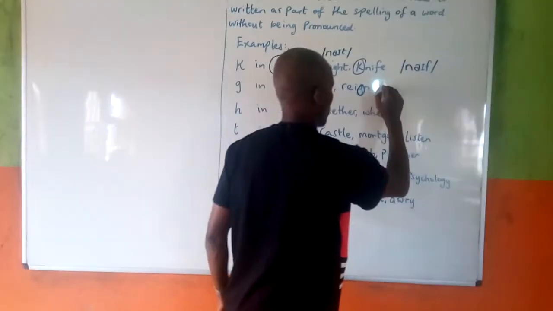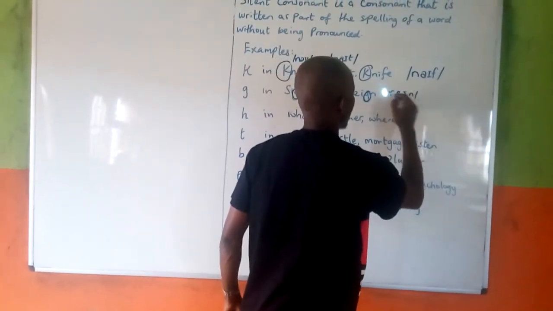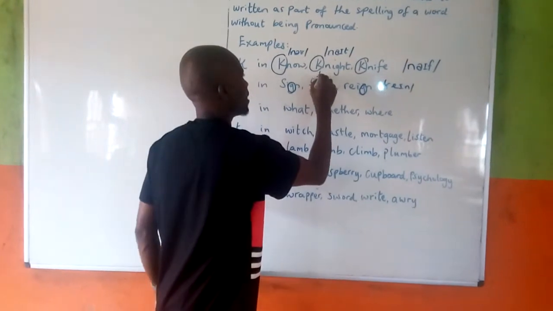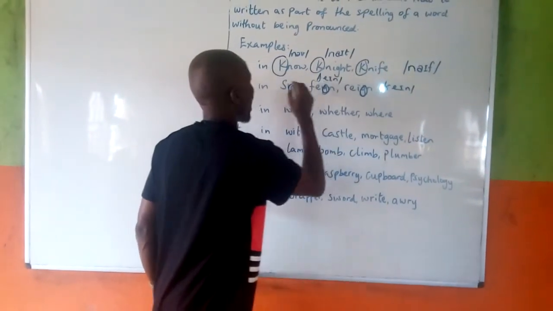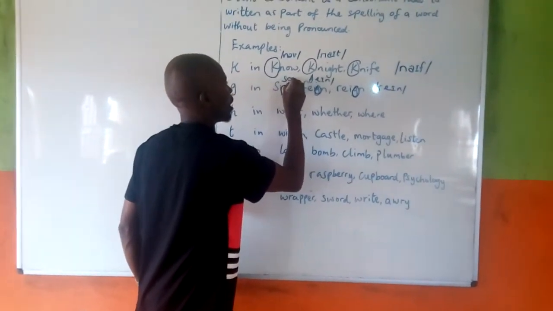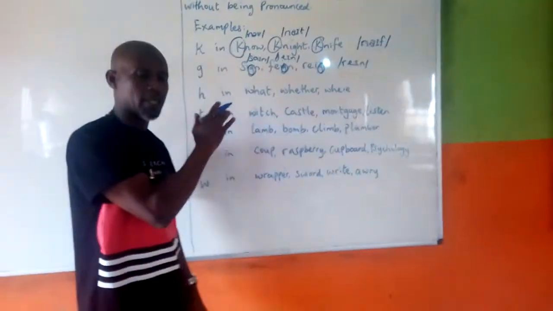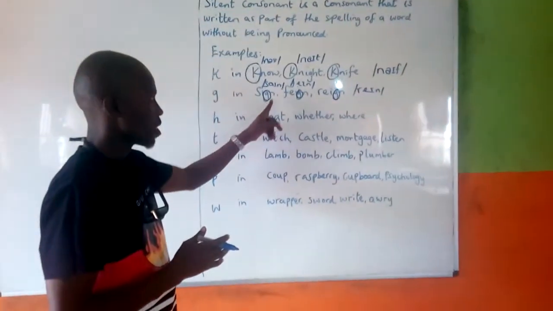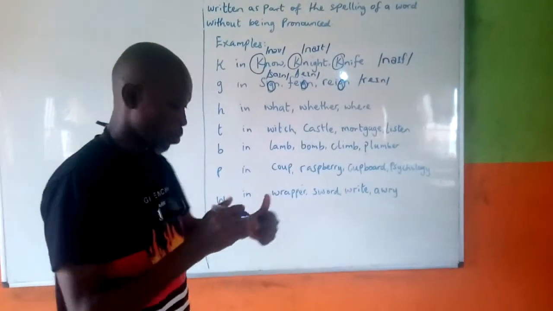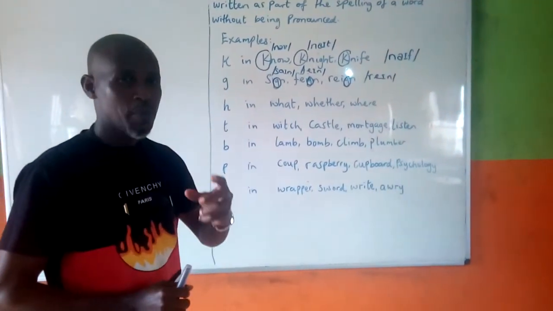Now the transcription is something like "rain", "feign" and "sign". You can see in the transcription of these words, the letter G is actually silent, which means the letter G is not pronounced.